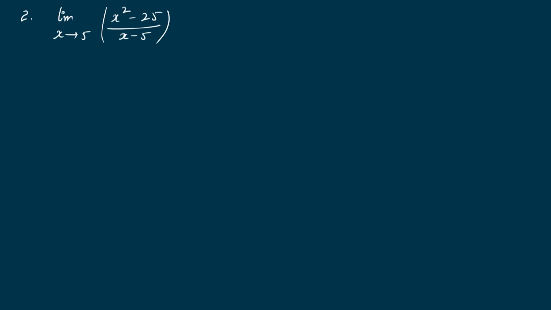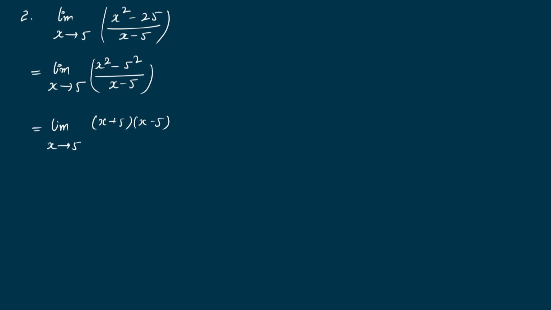We will try to factorize the numerator here. So limit x tends to 5, x square minus 25 can be written as x square minus 5 square, divided by x minus 5. Now a square minus b square can be written as a plus b into a minus b, so all divided by x minus 5.